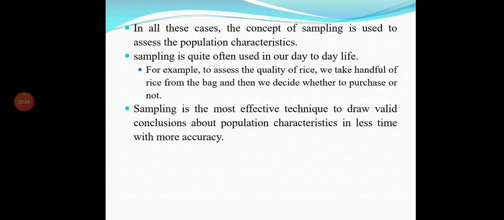Sampling is quite often used in our day-to-day life. It is not only used in particular practical situations, but in daily life. For example, if you want to purchase a rice bag, then to decide the quality of the rice, we look at some handful of rice from the bag, and we decide whether it is good or not, and whether we want to purchase it.